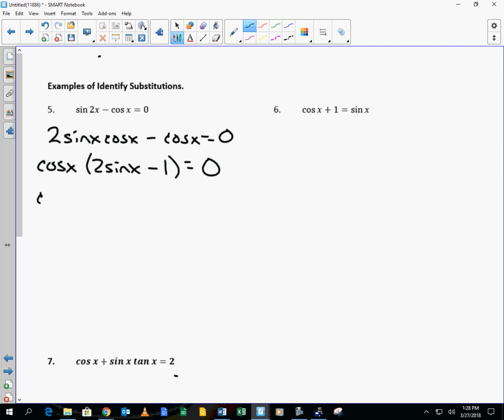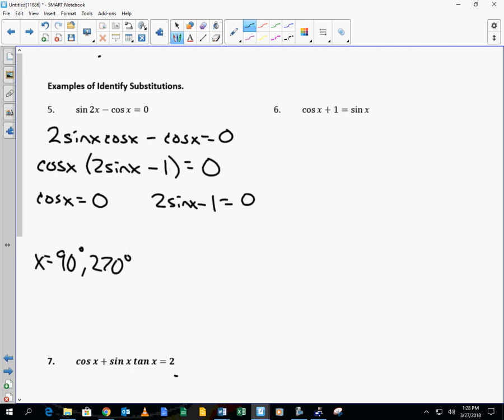So where is cosine of x equal to 0? Did we already cover that in a problem earlier? Yes, we did. We got x is 90 degrees and 270 degrees. And the next one is 2 sine of x minus 1 is equal to 0. How do I solve that?